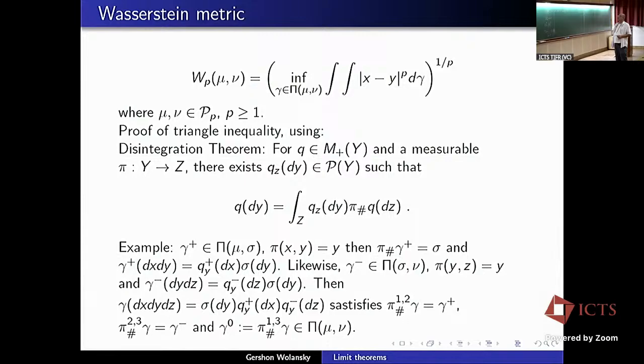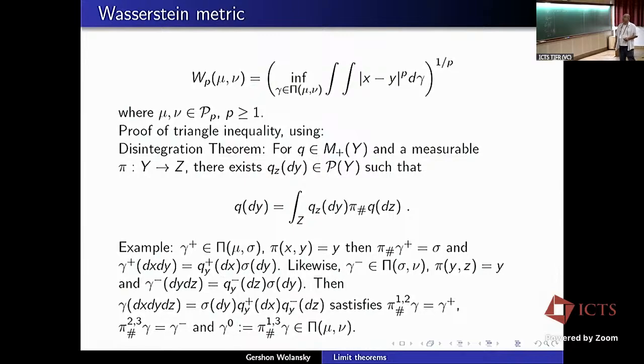Of course it is defined for measures in the space P_p, the probability measures with finite p-th moment, where p is bigger or equal to 1.